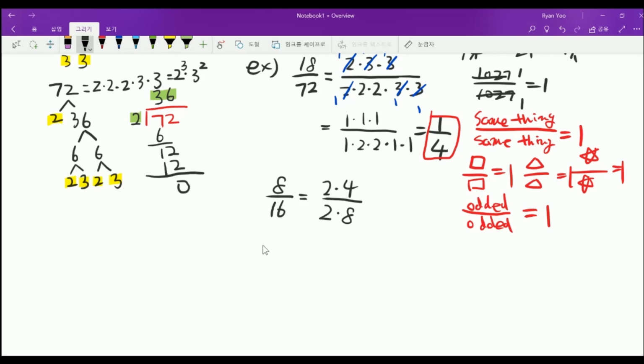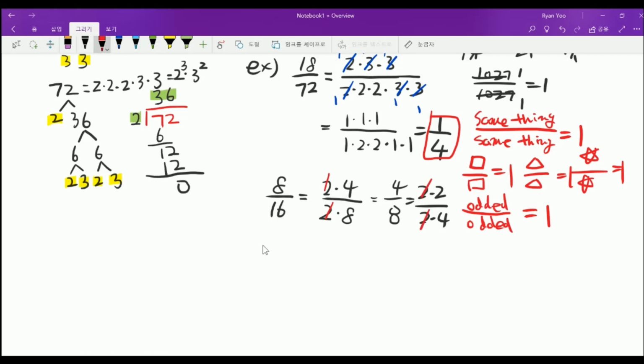Do you see that there's the same thing over same thing? 2 over 2, they cancel out, become what? 1. They become 1. So I'm going to rewrite that again. So that is equal to 4 over 8. Wait a minute, I know something about the 4. 4 is actually 2 times 2. And 8 is equal to 2 times 4. Oh, wait a minute, I have a same thing over same thing. So I'm going to cancel that out. Gone.